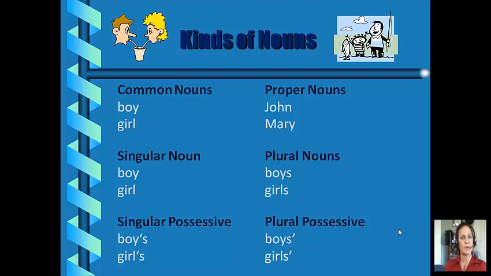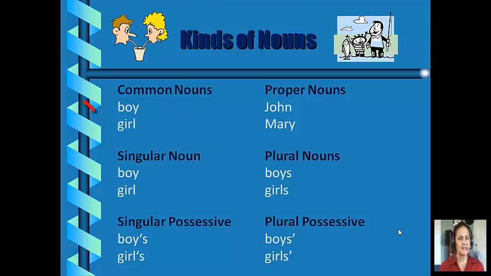So if it's one boy who owns a watch, it's boy's, apostrophe S. If it is the boys' basketball and it's more than one boy, it's S apostrophe. The same goes for girls. If it's an item owned by one girl, it's apostrophe S. If it's an item owned by two or more girls, it's S apostrophe.